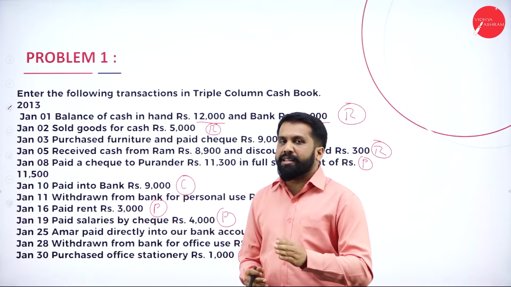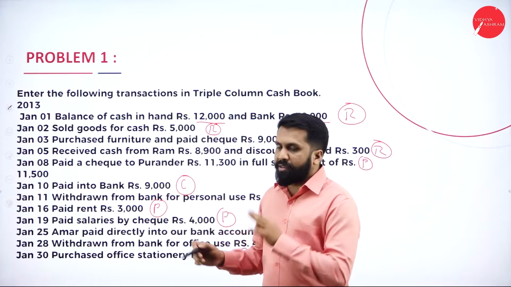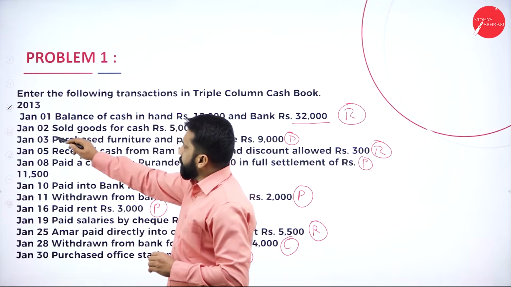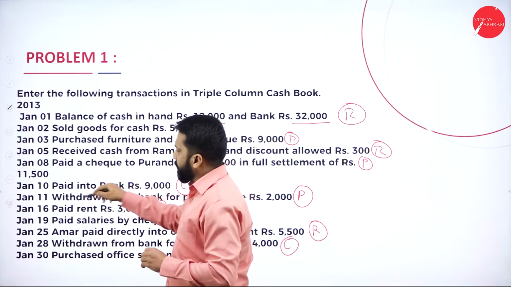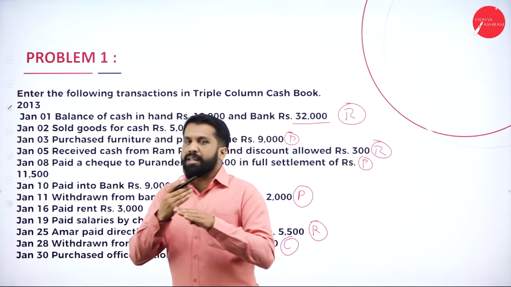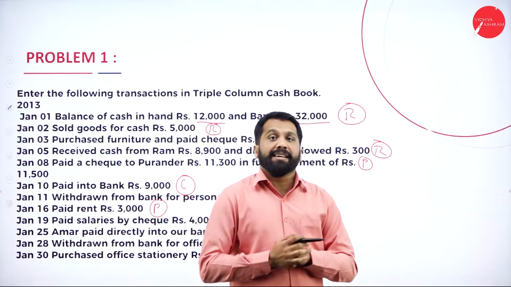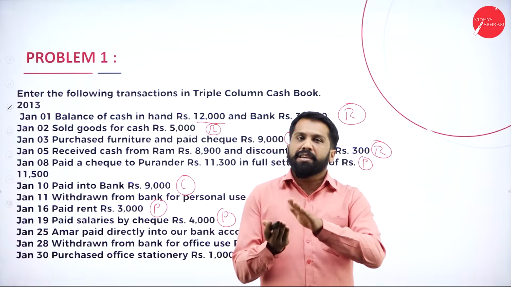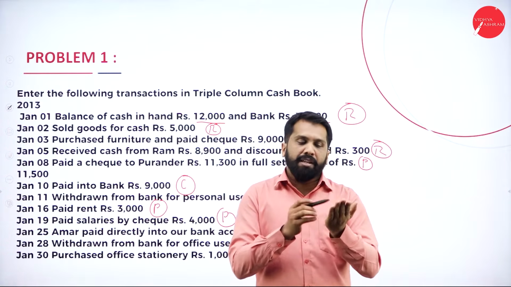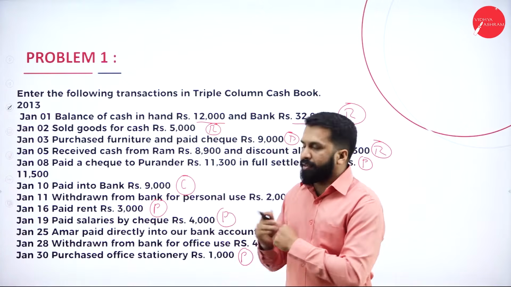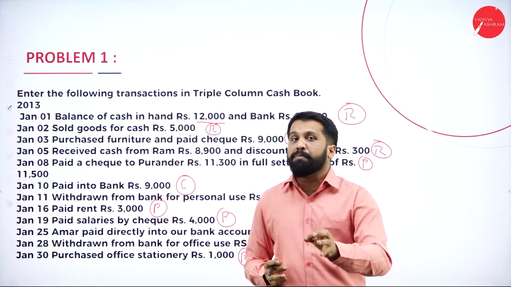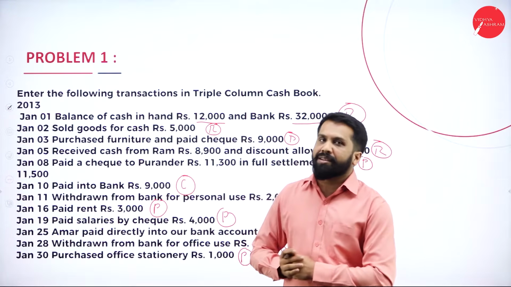If you feel that writing January and all takes much time, no issue. First is receipt, second, third, fourth, fifth, sixth, seventh, eighth, ninth. In order-wise, you can write receipt or payment. While doing your answer, check the back side of your sheet; where you have written receipt, make it receipt side, where you have written payment, make it payment side. It will be easy for you to calculate.